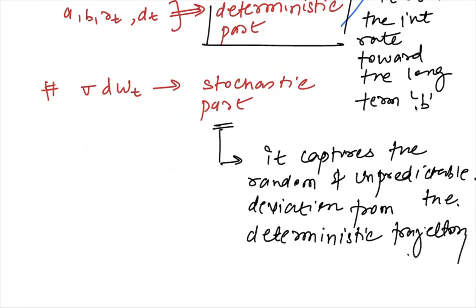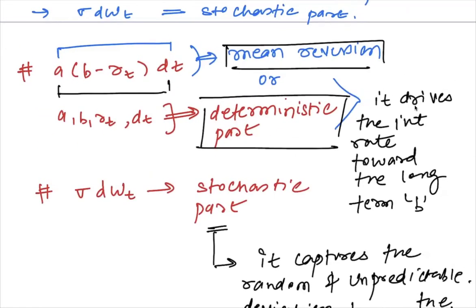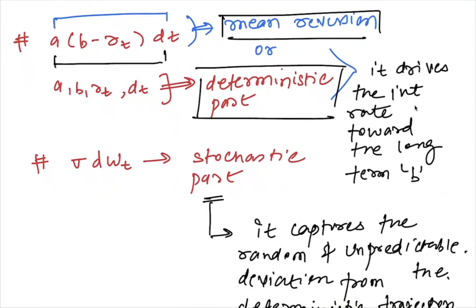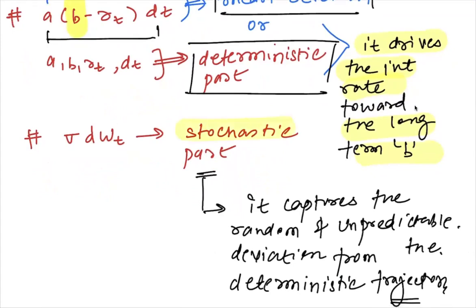Okay. Basically, what I'm trying to say is that this component, A times (B minus RT) dt, is the deterministic component. What's the goal of this deterministic component? It drives the interest rates towards the long-term mean, which is B. And what is the essence of the stochastic component?